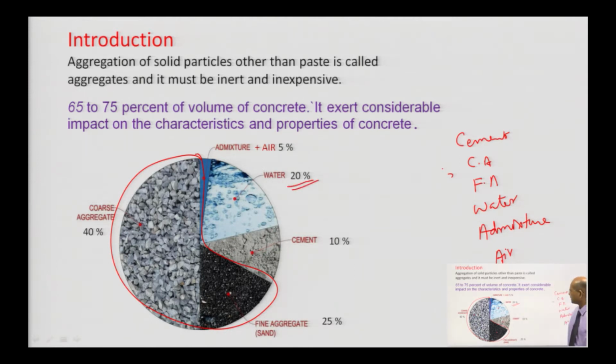We add some admixture also, so admixture and air you can say about 5%. So, its impact is very important, because the characteristics of aggregate influence the characteristics of concrete also.